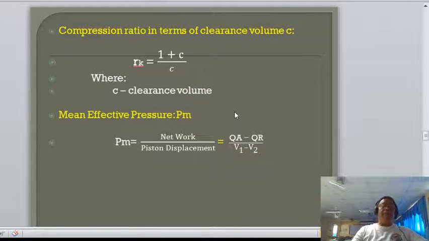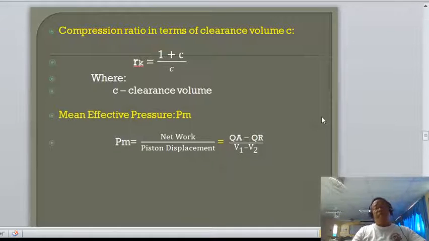Another now is the so-called mean effective pressure. So, you will notice that the mean effective pressure of the engine is equal to the net work divided by the piston displacement of the engine.